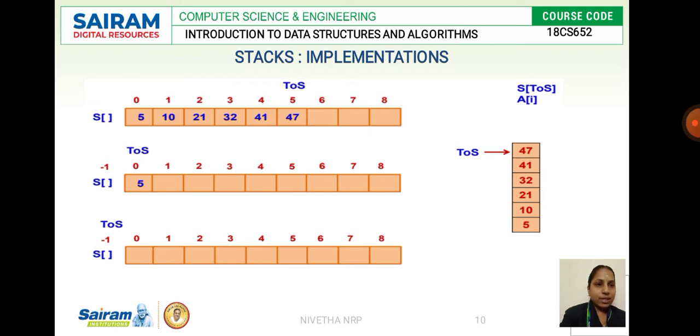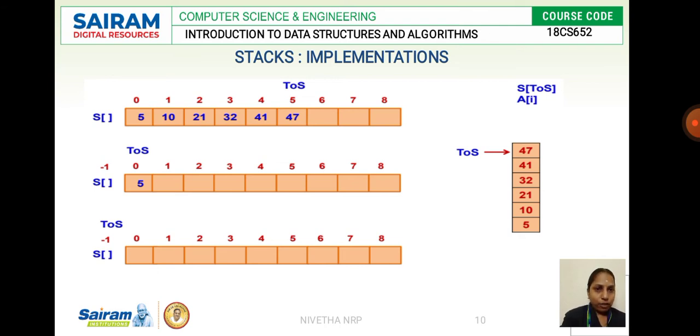On the right side you can see the stack and how it has been ordered: 5 at the bottom, then I have inserted 10, then 21, then 32. After inserting 32, I increment my top of stack to the next index, and from the fourth position I insert 41.